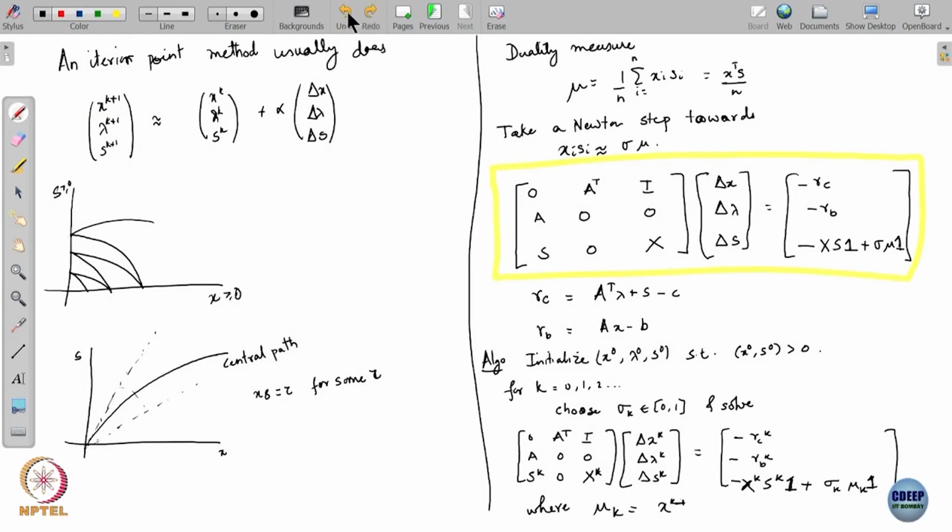It is equal to x k transpose s k divided by n. All right.